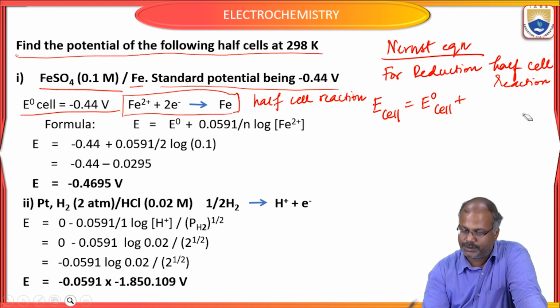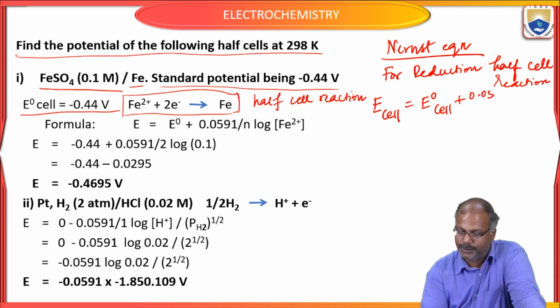You can write it as 0.0591 by n log of the concentration of M.